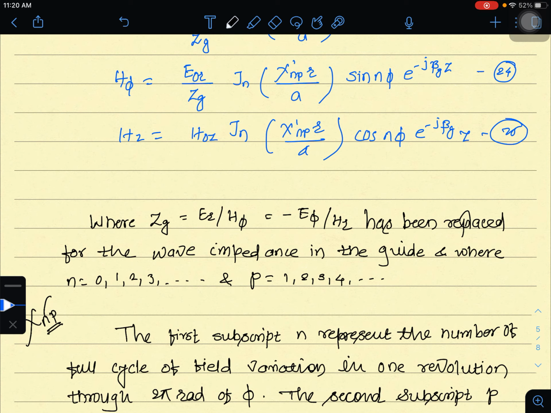That means it is nothing but 2 pi rad. And what is the P? P is the second subscript, which indicates the number of zeros of E phi. So it is just equations regarding the TE mode.